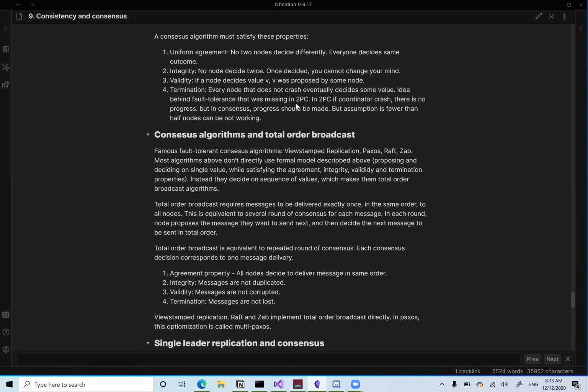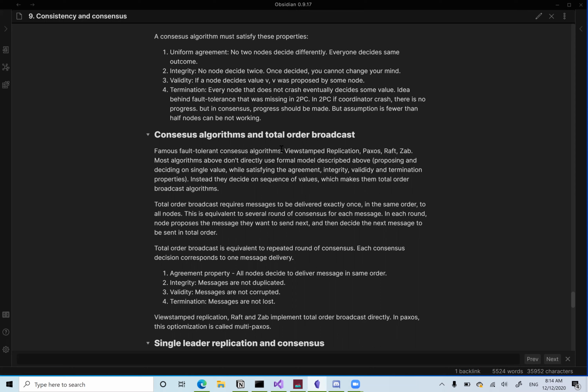Rishik, I have a question. Does it mean that fault tolerance means that the leader will be re-elected in case of a leader crash? So re-election of the leader means fault tolerance. Yeah.